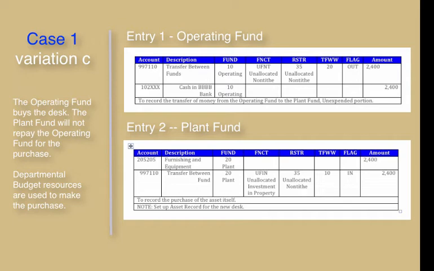The function, once again, is going to depend upon the classification of the department, whether it is tithe or whether it is non-tithe, as will the restriction. The TFWW will be 10 and the flag will be in. This entry records the purchase of the asset itself, and this is when we would set up the asset record for the new desk.